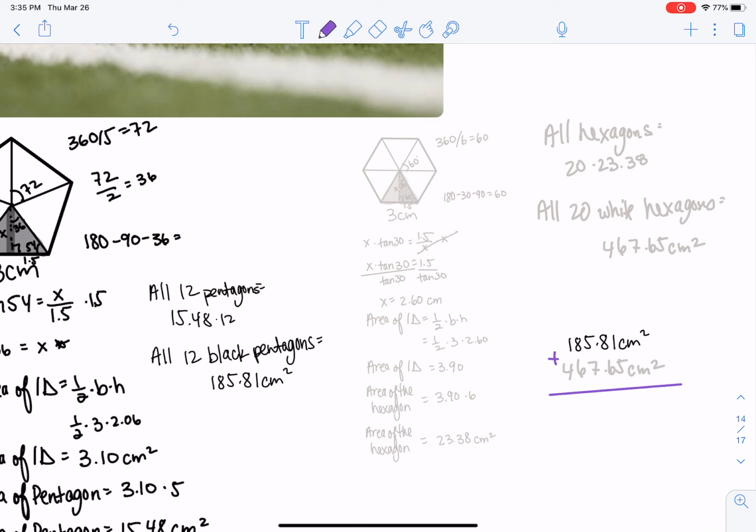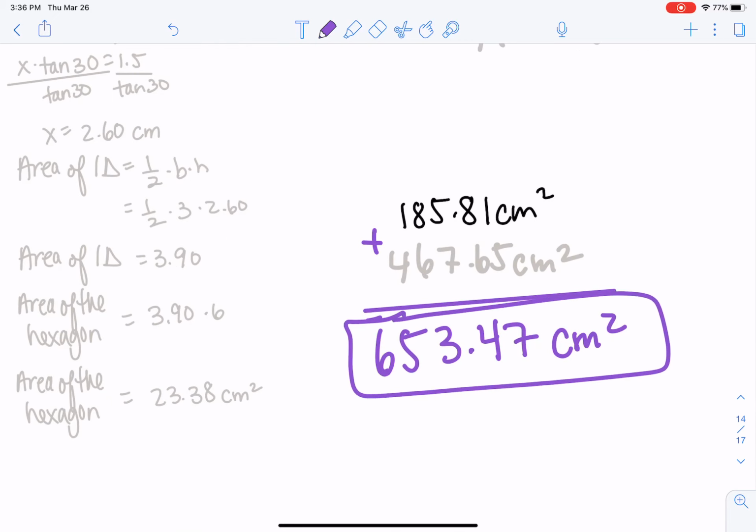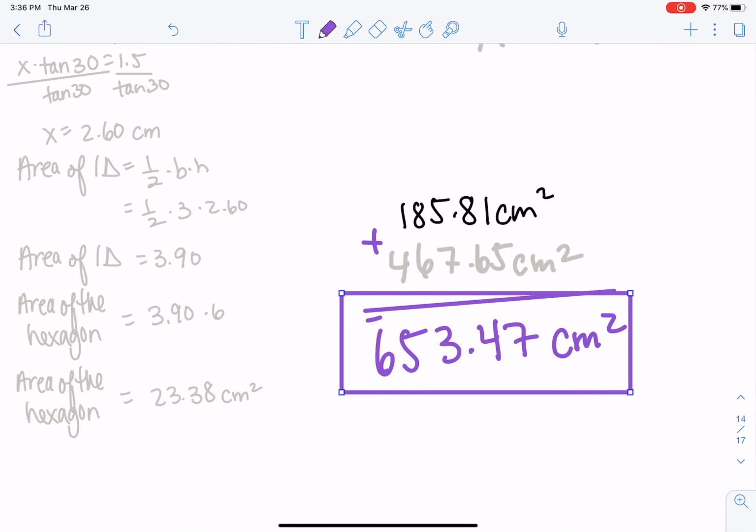Add those two together, and we will get 653.47 centimeters squared. Let's make that box pretty if we're going to do all that work. There we go.